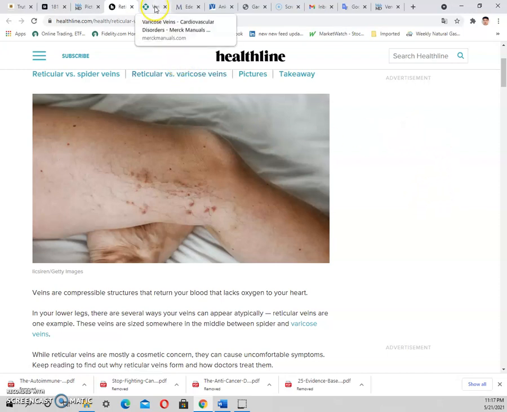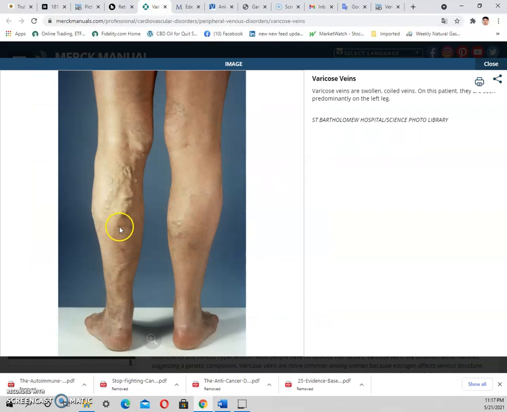If you don't take action, you go to this stage, where you can see clear signs of varicose veins. You see these are enlarged veins, and they're twisted, and sometimes there's a clear color change. When the varicose vein reaches this stage, you need medical treatment in order to remove it.